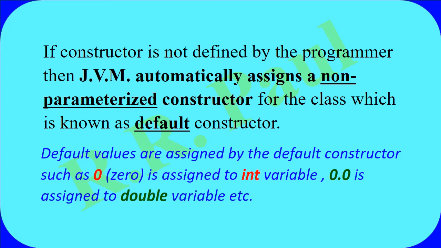The default constructor initializes the instance variables using the default values as per the data type. That is, if the data type of the data member is double, it assigns 0.0. If it is character type, it assigns null. If it is int type, it assigns 0, and so on.